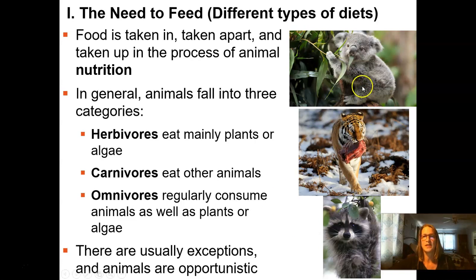So while we have these different categories of herbivores, carnivores, and omnivores, it's also important to know that there are almost always exceptions where, for example, an herbivore like a deer or a giraffe might actually eat meat if the opportunity arises. So they might eat eggs or mice or something like that if it happens to be available to them. So these are sort of generalized categories, but they don't necessarily have to be totally exclusive.